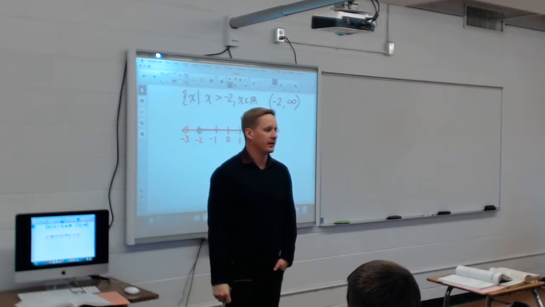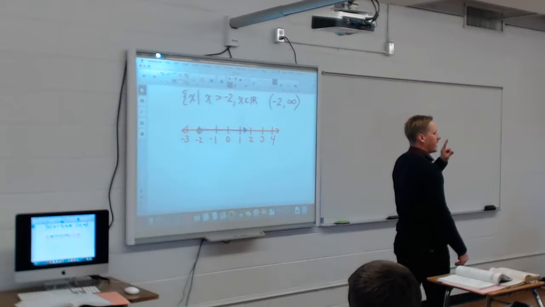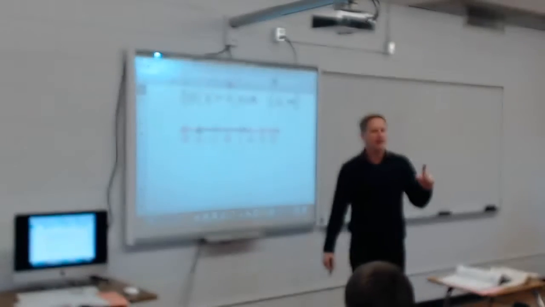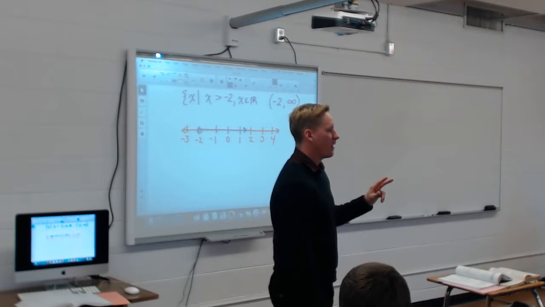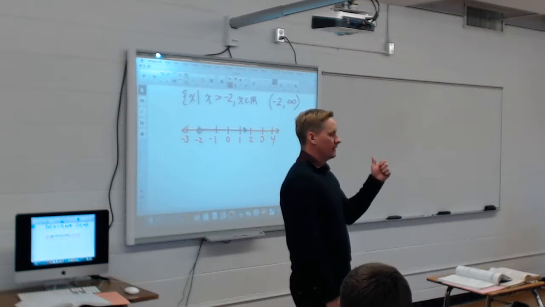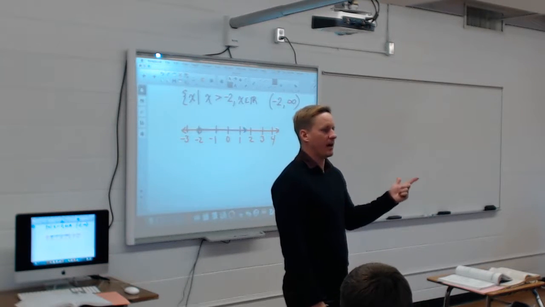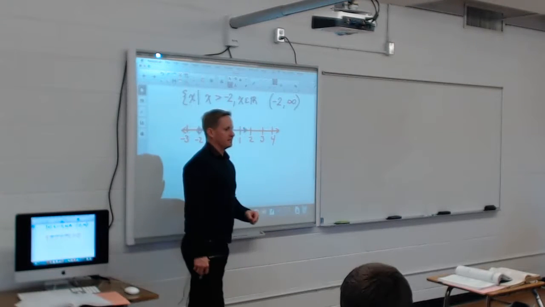Okay, so funny little notation. X, that rounded E means element of, and that R with a line through it means all real numbers. What does that mean? Every irrational and rational value greater than -2, because it doesn't stop.